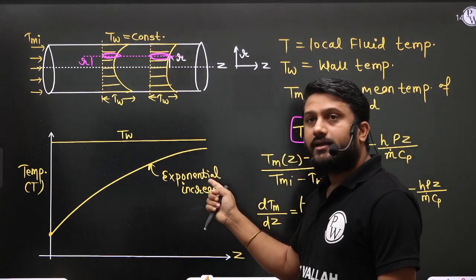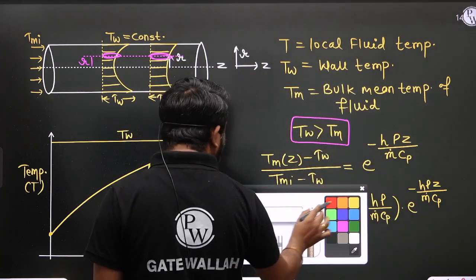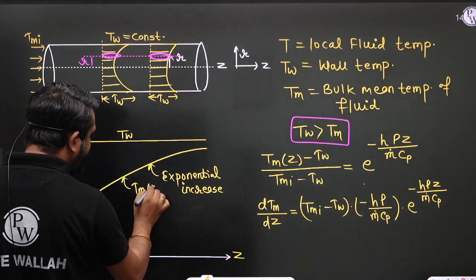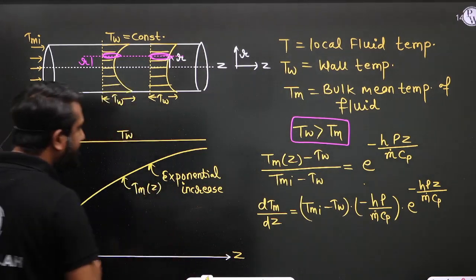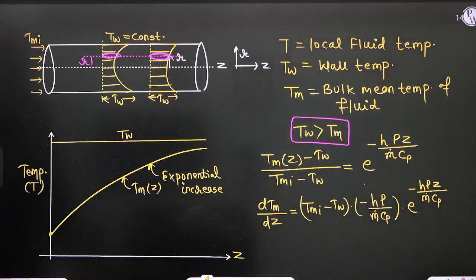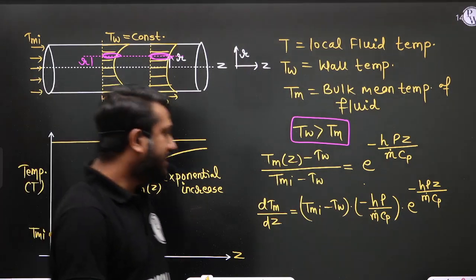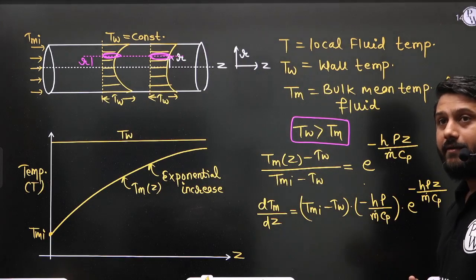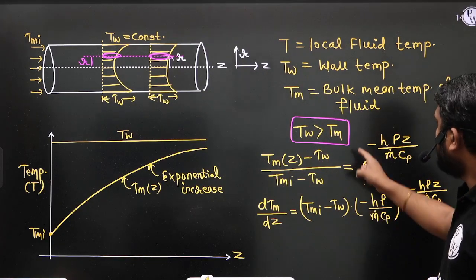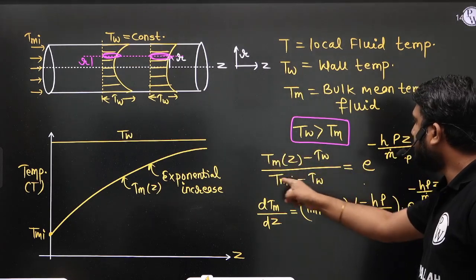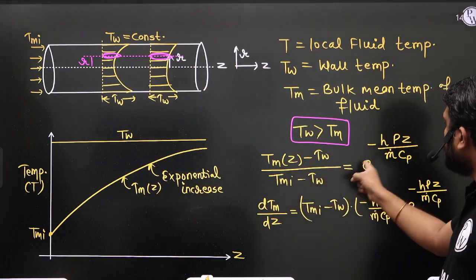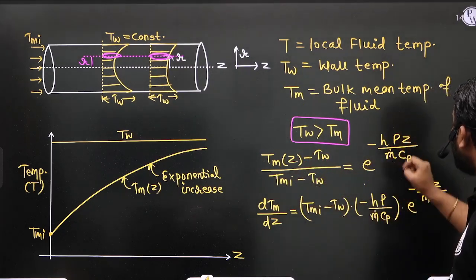If you see this graph, this is the variation of Tm. Tm is a function of Z, and it changes exponentially. Here the temperature is Tmi. So this is also wrong. The variation of Tm with respect to Z is given by Tm minus Tw upon Tmi minus Tw is equal to e to the power minus hPz upon m dot Cp.